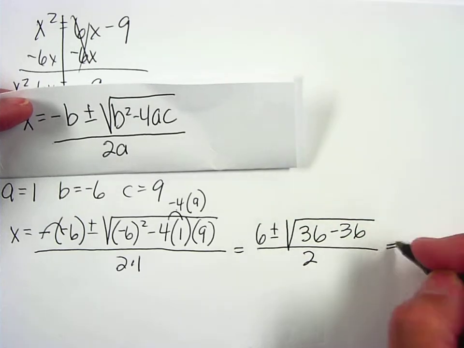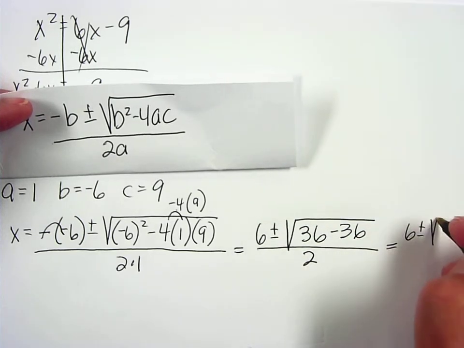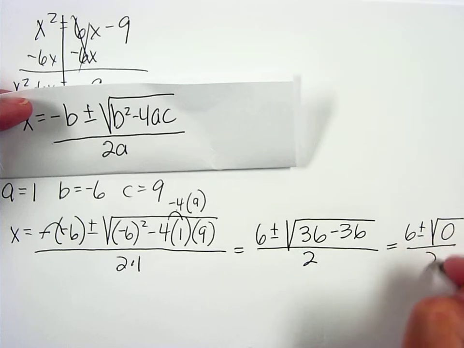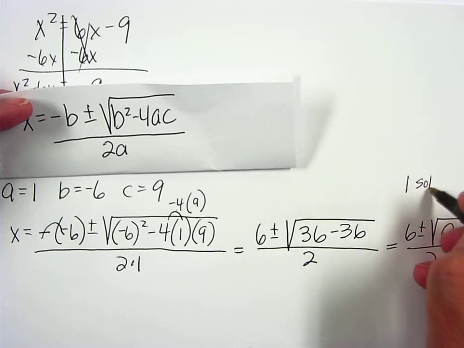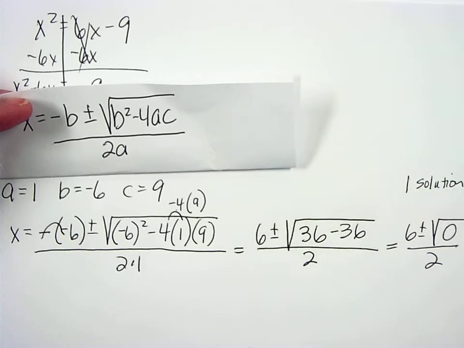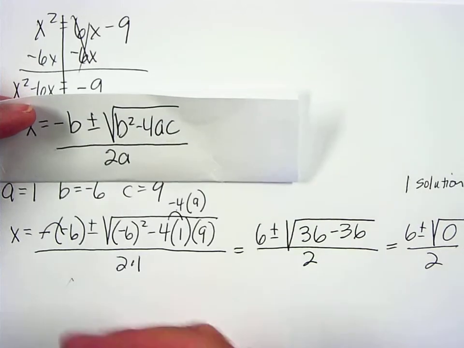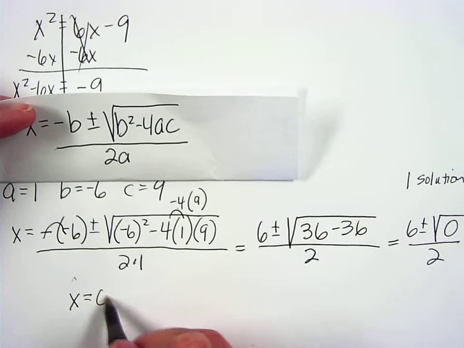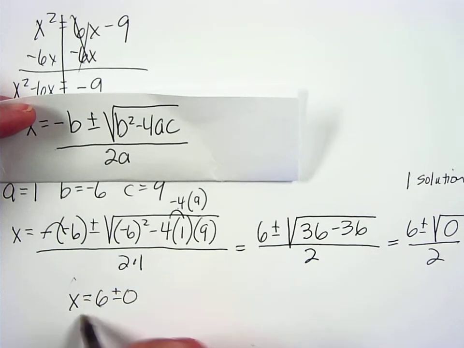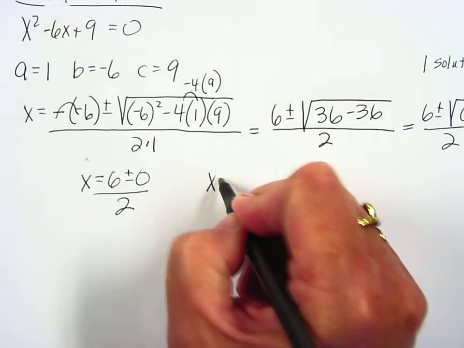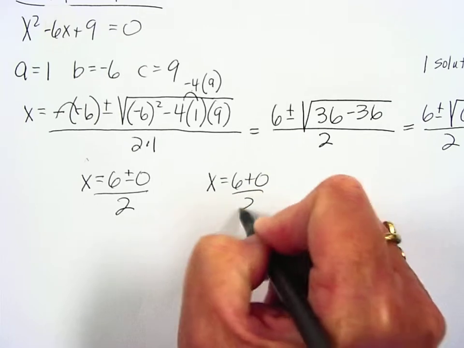36 minus 36 is 0. When the discriminant is 0, I know I'm going to have one solution. So x equals 6 plus or minus 0 all over 2. So here are my two equations. X equals 6 plus 0 over 2.